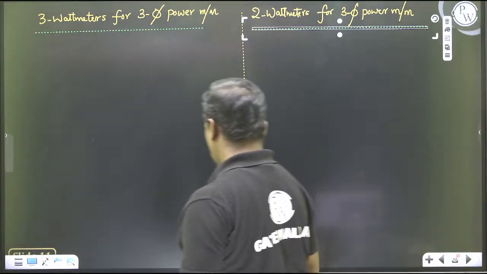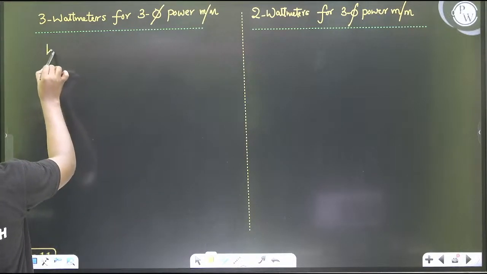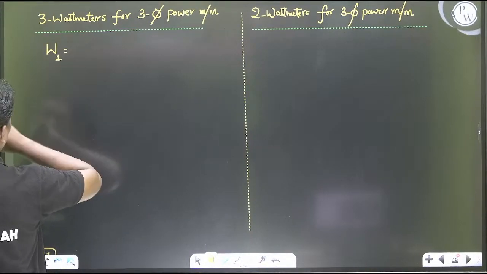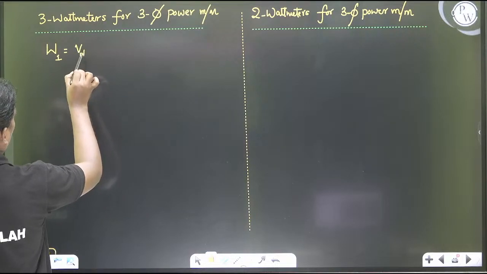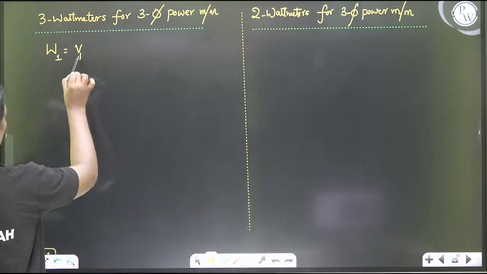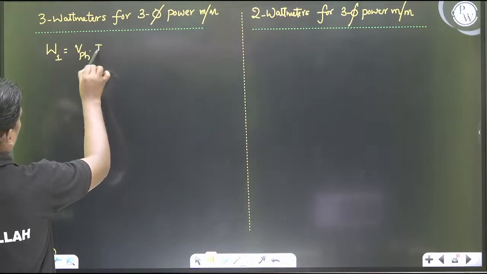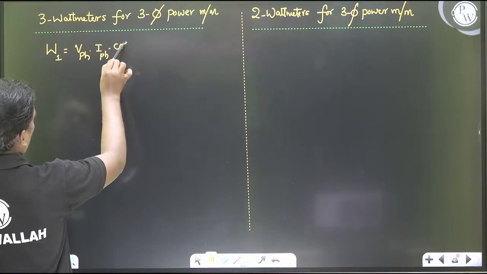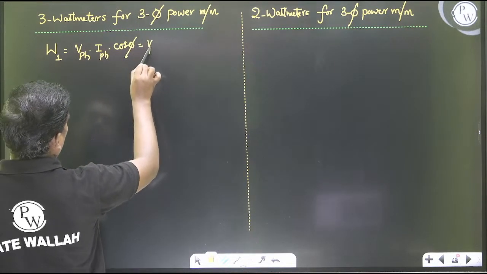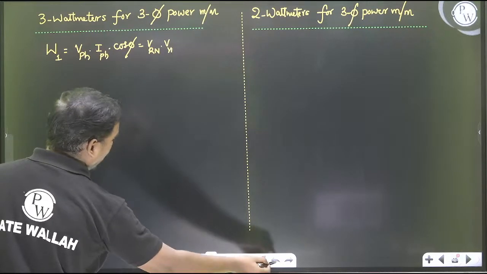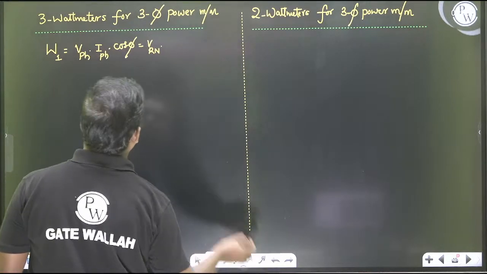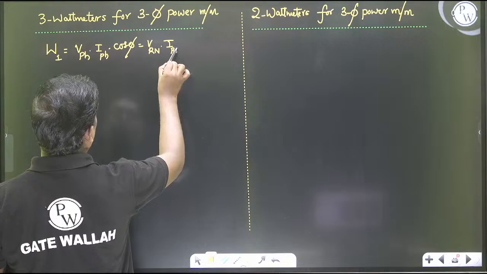Okay, so this is the W1. W1 will be what? VPH, VRN, like this. VRN, VPH, IPH, cos phi, which is nothing but VRN, VYN, IRN. Like this it will go. Okay, if I am using the normal method.